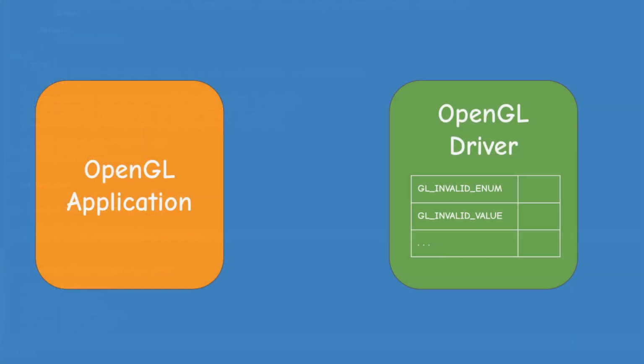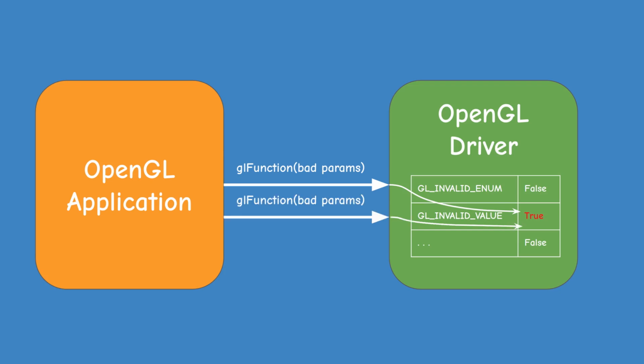The OpenGL specification defines a rather small set of possible error conditions, and the OpenGL runtime maintains some kind of Boolean flag for each error, and will set a flag to true on the first encounter with the corresponding error condition. Subsequent error conditions will not be detected unless the error flag is cleared, which you can do by calling glGetError.